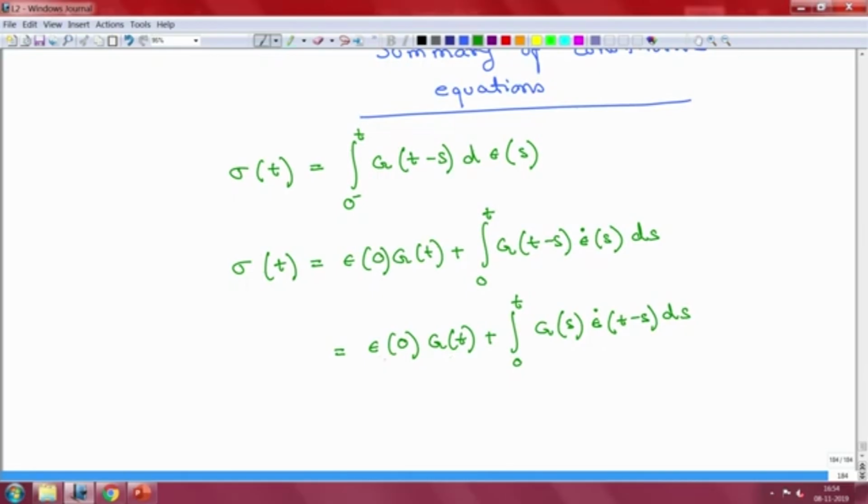So, instead of epsilon 0 multiplied by g(t), you can make it g(0) multiplied by epsilon(t) and it will still remain the same. So, I will just write it here, you could just switch the order of this.